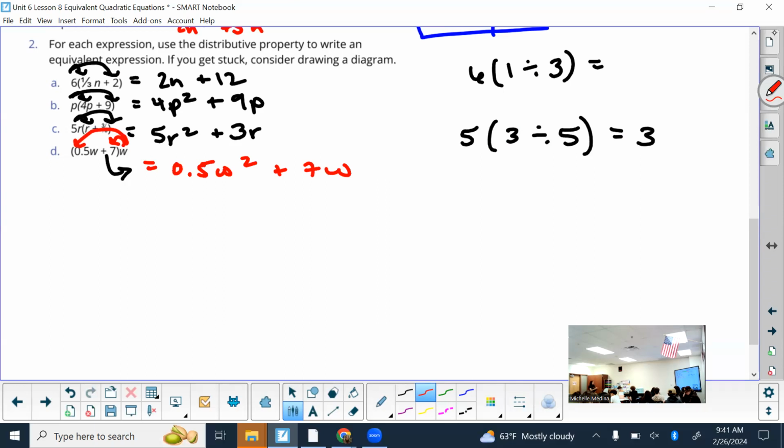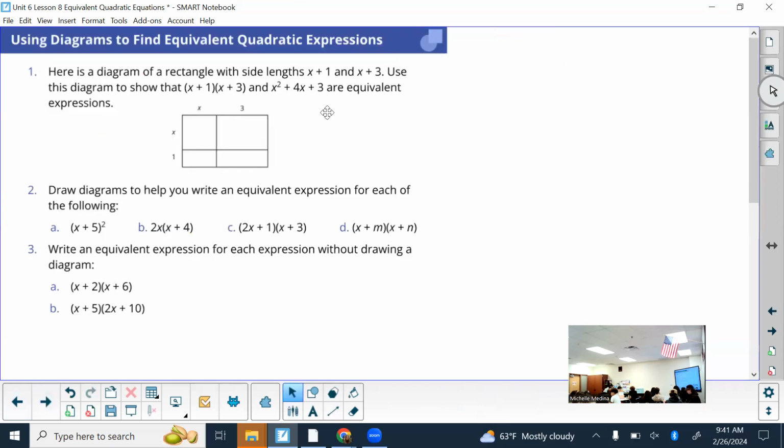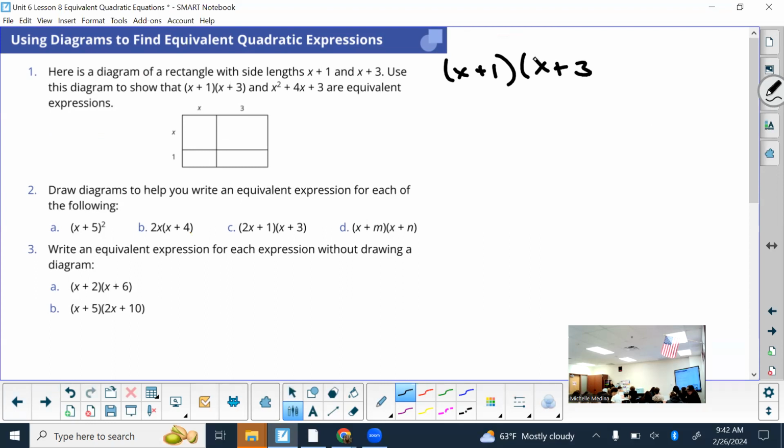Okay, I need to at least show you the last part, and you kind of fell behind in that. So now we're going to look at when it's a two-term expression times another two-term expression. So in this situation, it's like at the bottom of your first page. It's x plus 1 times x plus 3.